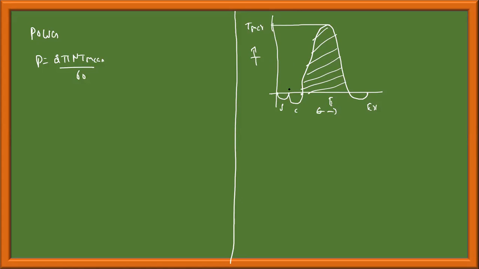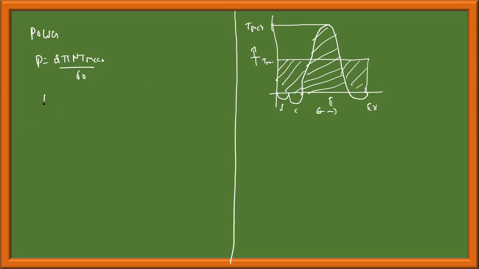For the other strokes, the energy is given by the flywheel, which absorbs the energy during expansion and gives it for the rest of the strokes. So we take the mean, which is the mean torque. In the case of the shaft also, even though there is a maximum torque available, in the power expression you use the mean torque.